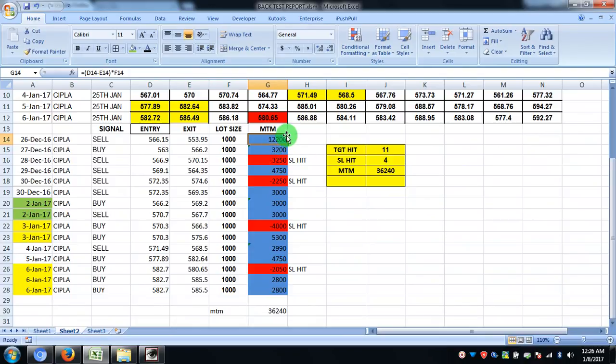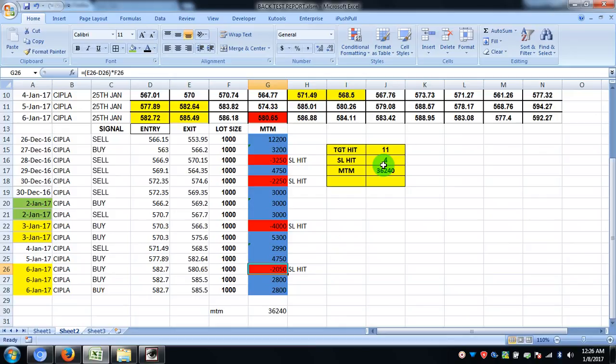Blue lines indicate a profit, where the target was done, and red indicates the times the stop loss was triggered. This was 1, 2, 3, 4. 4 stop losses were triggered out of total calls. Total calls were around 15. Of those 15 calls, 4 stop losses got triggered and 11 targets were done in Cipla.